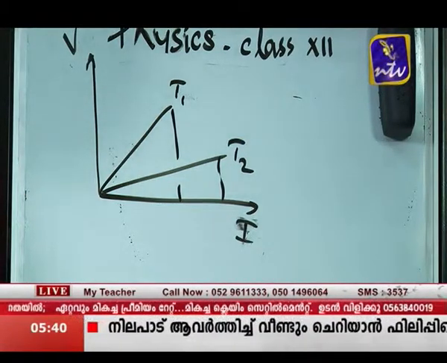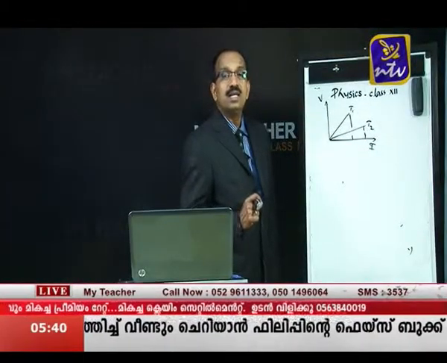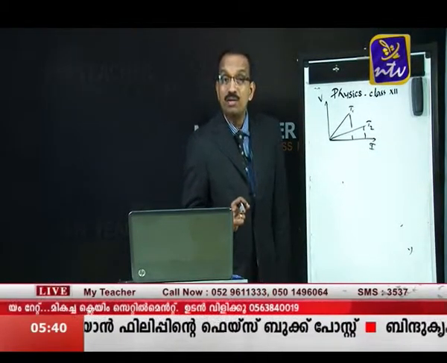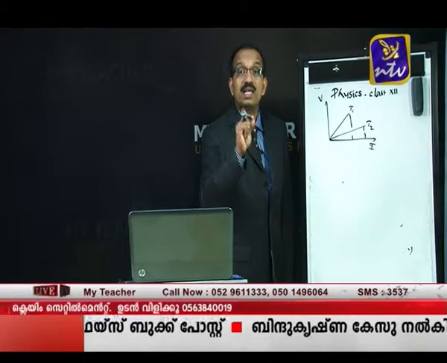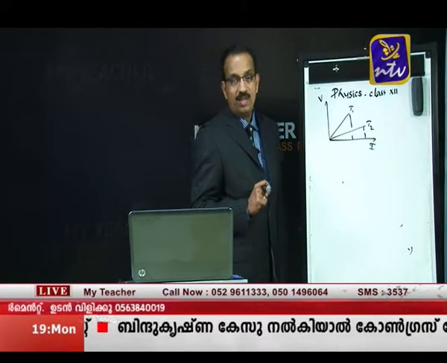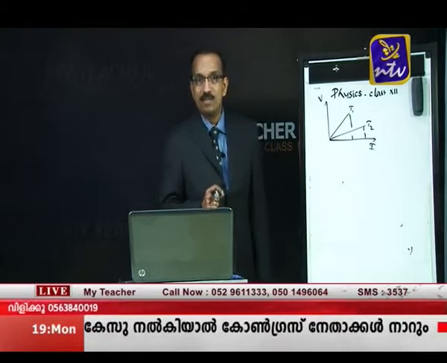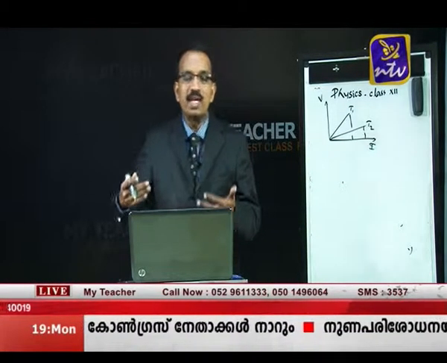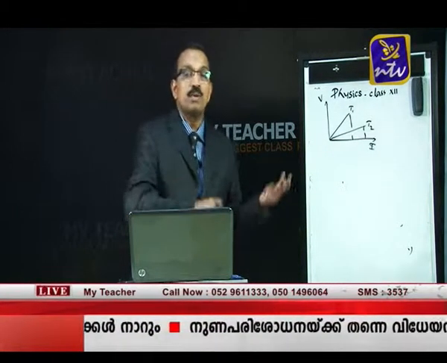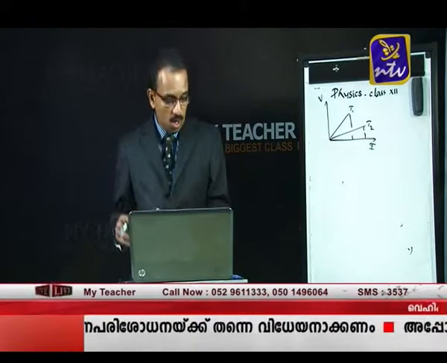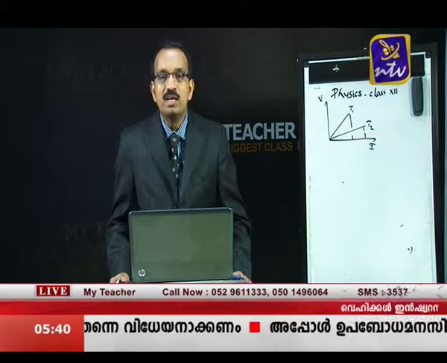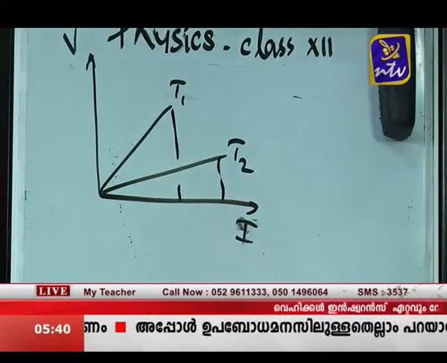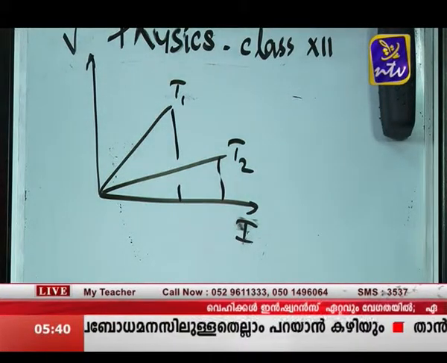Second thing, how does the resistance of a conductor depend on temperature? We have seen in the current electricity lesson that when temperature increases for a metallic conductor, electrons move more vigorously, which means they collide more frequently.